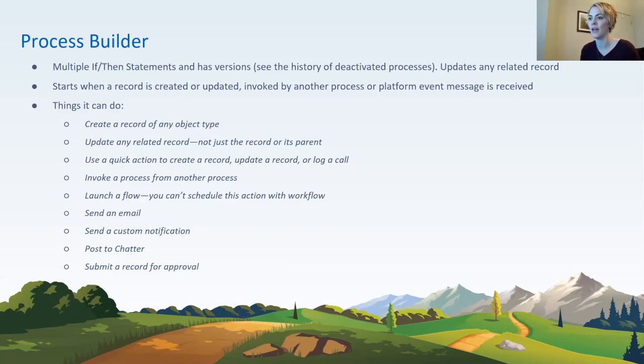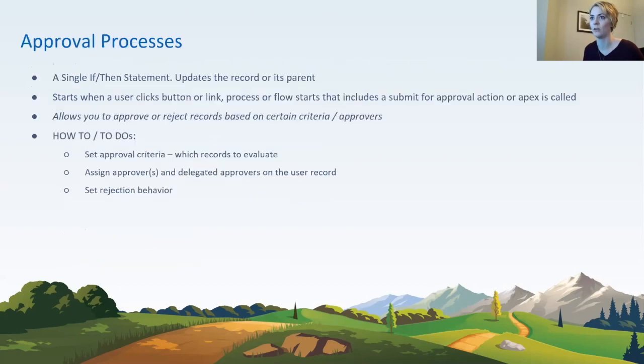You can use a quick action, invoke a process from another process, launch a flow, send an email, send a custom notification, post to Chatter, or submit a record for approval. Marciana just went over approval processes, so I don't think I need to get into too much detail with that.